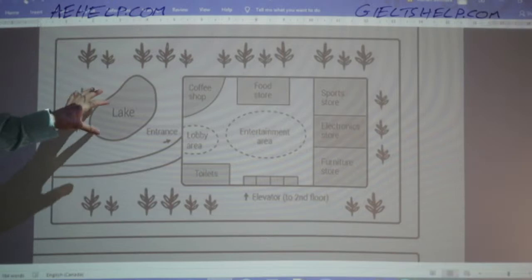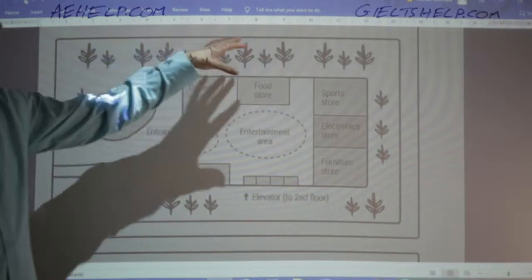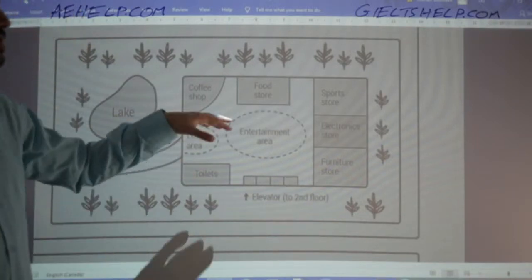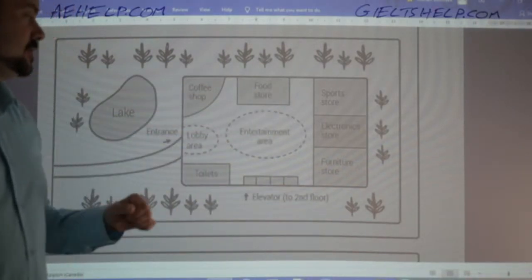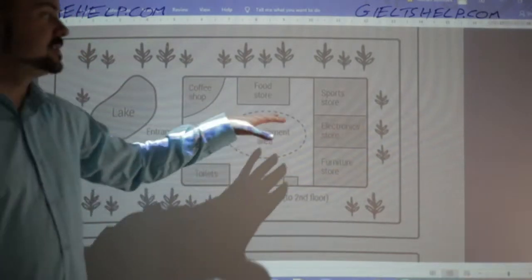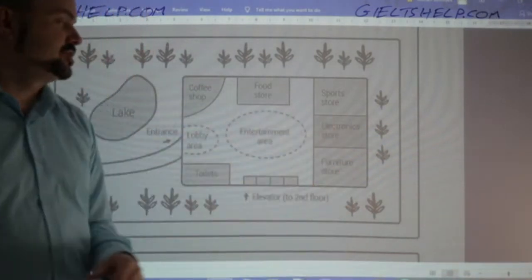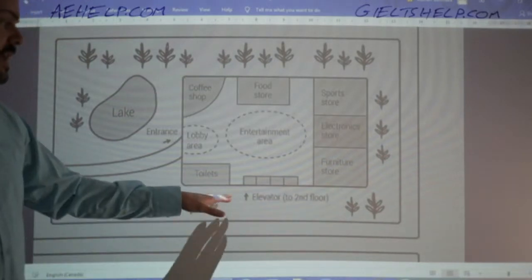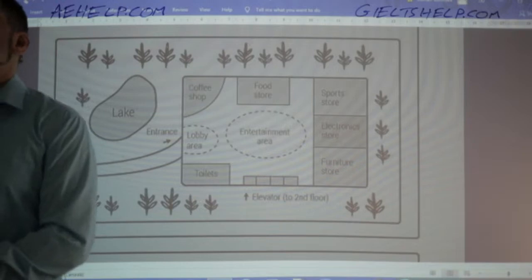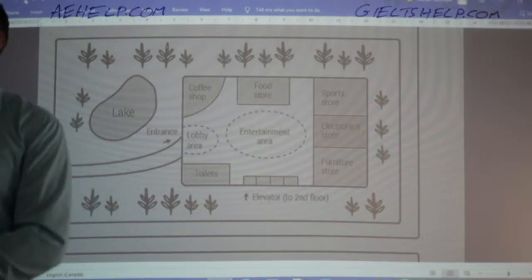So we have a lake here, we have some trees, and then we have the shopping center itself. We have a coffee shop, a food store, we have an entertainment area in the middle, lobby, toilets, sports store, electronics, furniture store. And then here we have some elevators to the second floor. Okay, great. I'll zoom in later on.